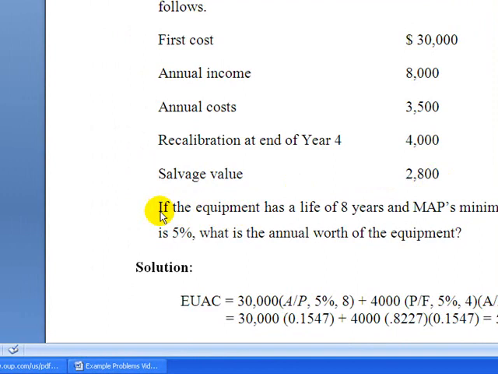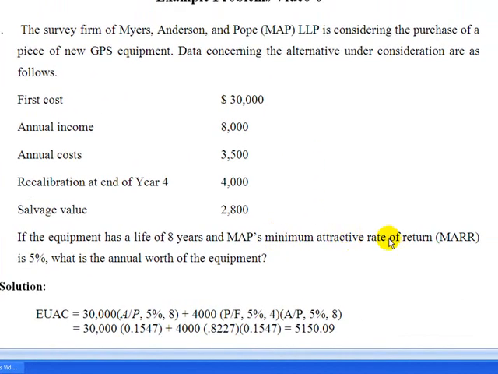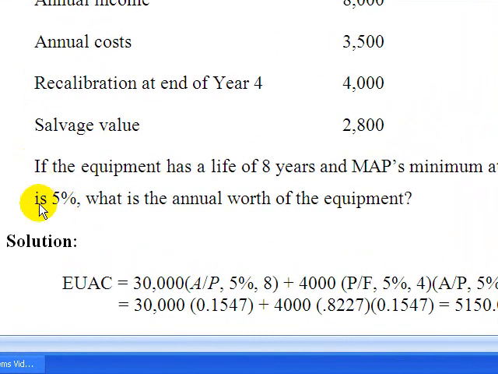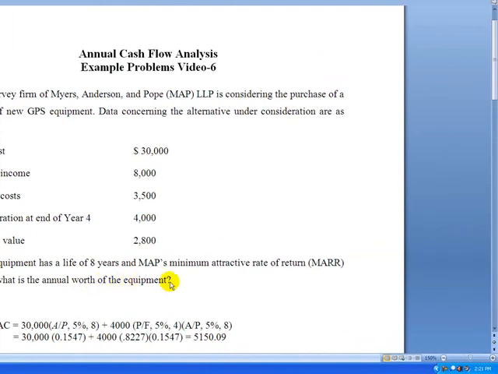The next sentence is, if the equipment has a life of 8 years, that means salvage value will be at the end of 8 years, and MAP's minimum attractive rate of return is 5%. So i, the interest rate, is 5%. Given all this information, we need to find the annual worth of the equipment.